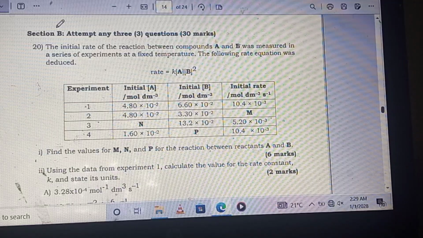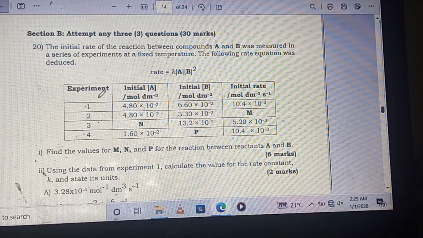Let's continue with section B. Attempt any 3 questions. Let's start with question 20. The initial rate of the reaction between compounds A and B was measured in a series of experiments at a fixed temperature. The following rate equation was deduced.